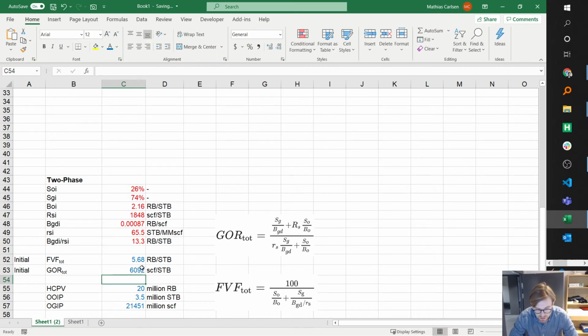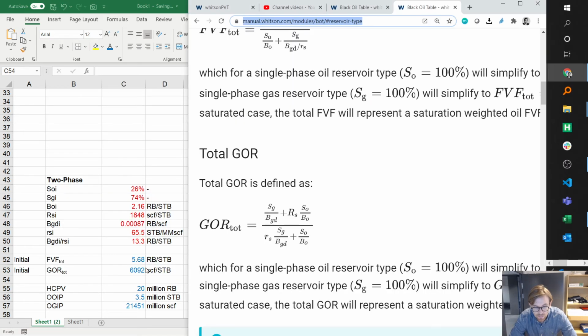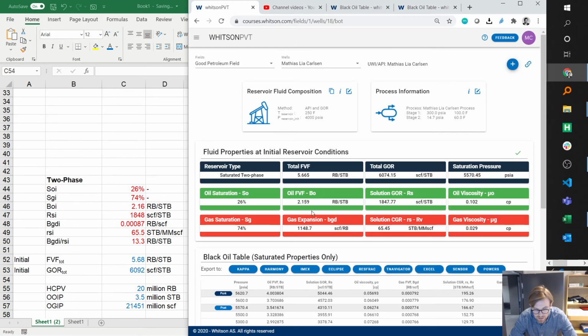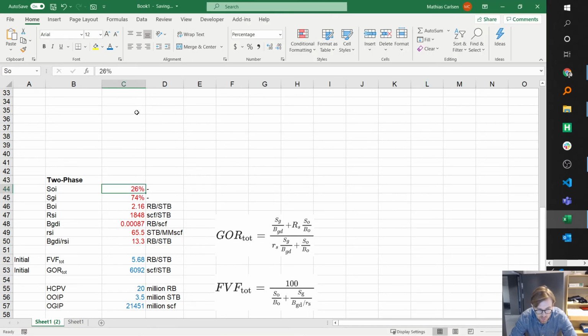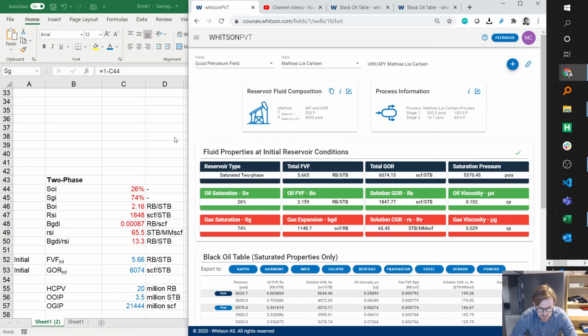That provides us with 60.92 scf per barrel, and if we just look at that, that's fairly close to this number right here. If I actually put in the exact numbers for saturation right here, which I think is something like this, if I'm not mistaken. Yeah, I think this is the exact same. We should get something that's very similar at least. Yeah, so 60.74 and 5.66.